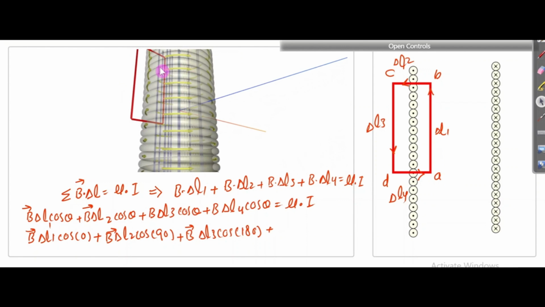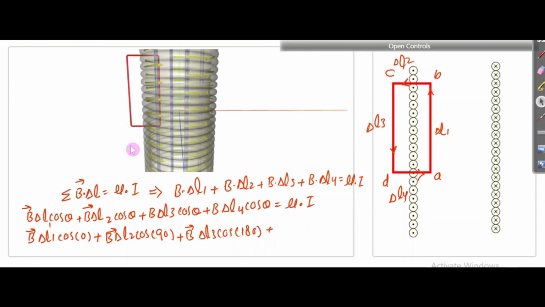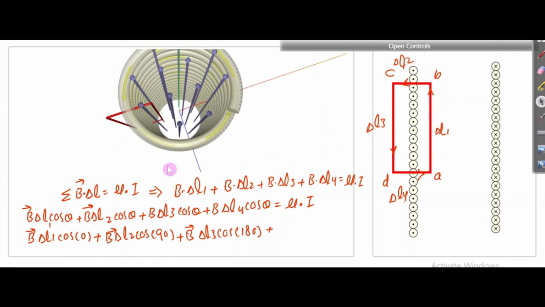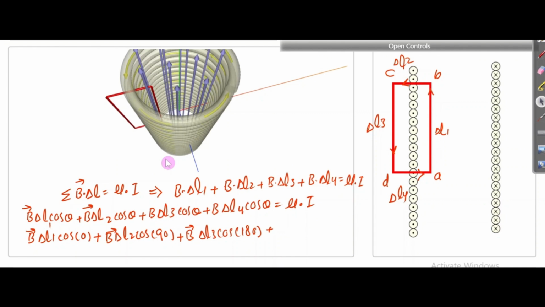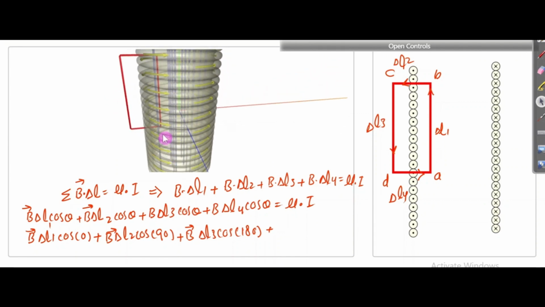For this lower side of the Amperian loop, the direction of the length del L4 is from left to right, and internally the direction of the magnetic field is from bottom to top.